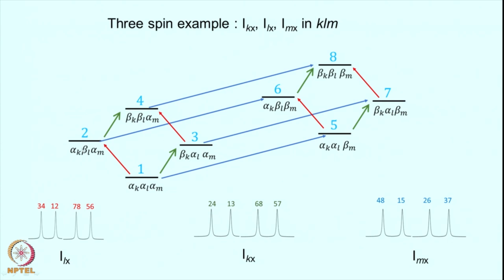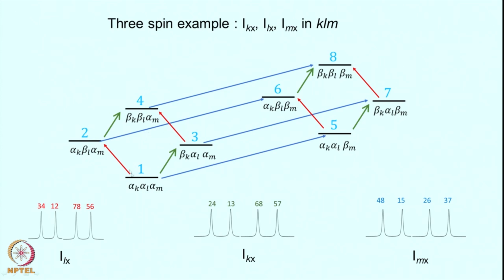Now for the energy level diagram for the 3 spin system, there will be 8 energy levels, as I mentioned to you earlier with the case of 2 spins. Here I will have alpha K, alpha L, alpha M. See, essentially one 2 spin system, another 2 spin system, except now you add the 3rd spin as alpha here and beta here. So you generate an 8 level energy level diagram.